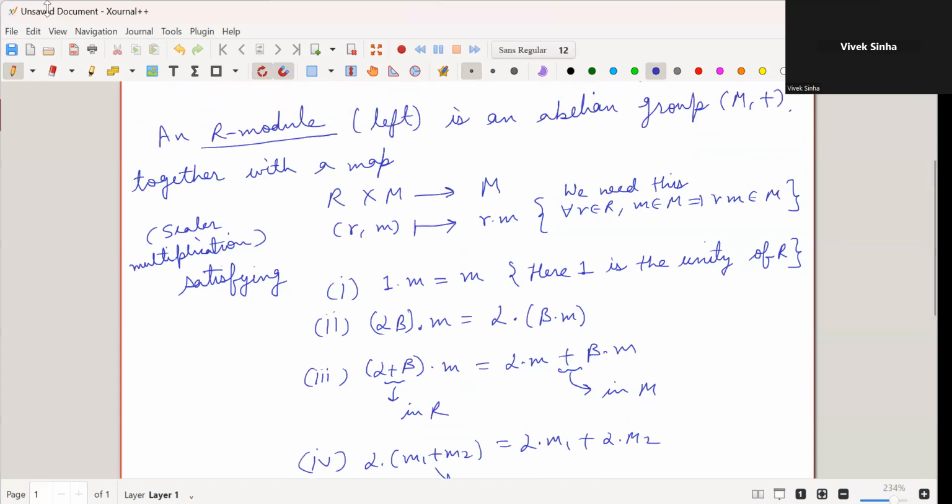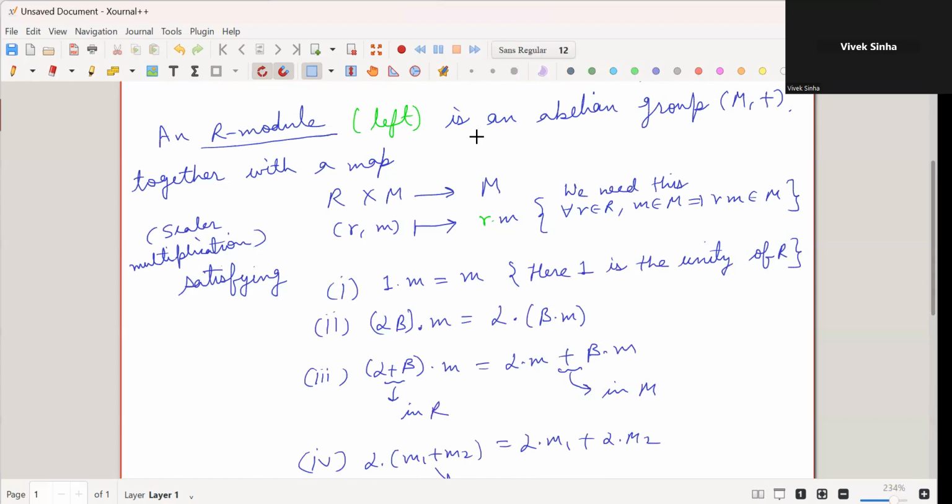This is said to be a module. And why is this left coming? Maybe I would highlight this left. It is because this multiplication is from the left; this r is being multiplied on the left.